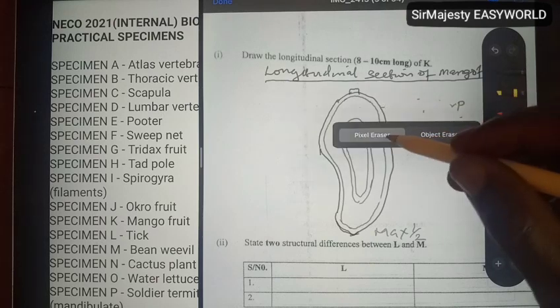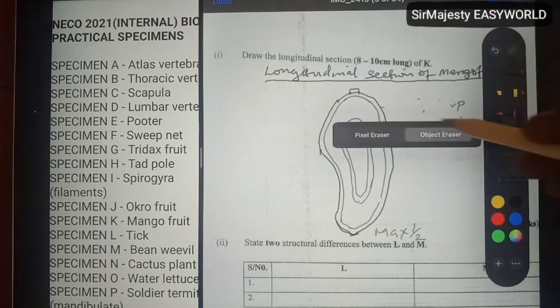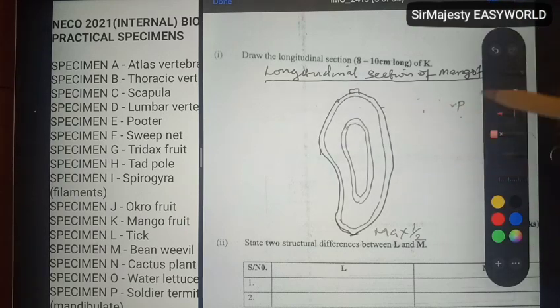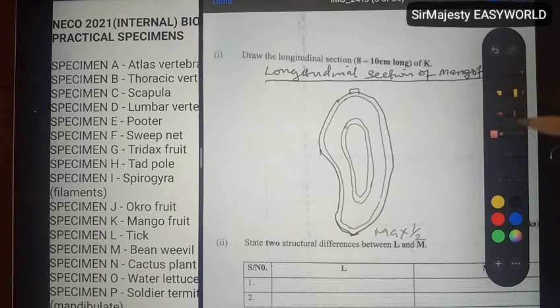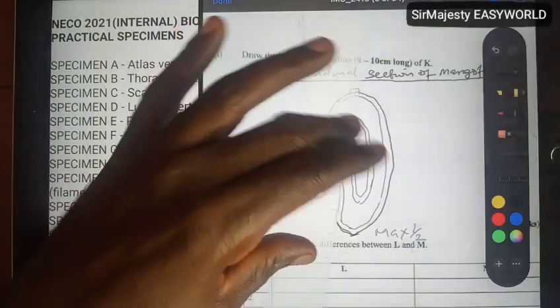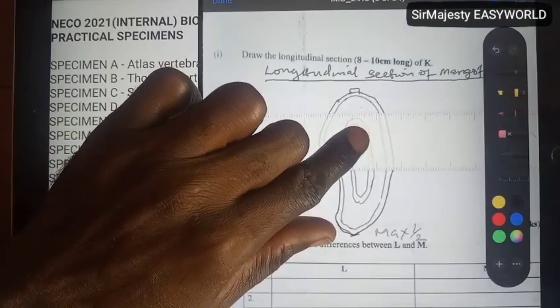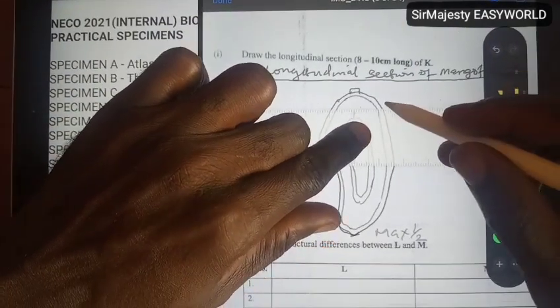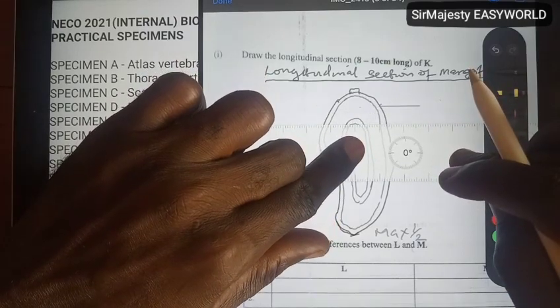Let me use object cleaner so that, yeah. Okay, so I got my line and my ruler here. Keep it that way. This is the epicarp.